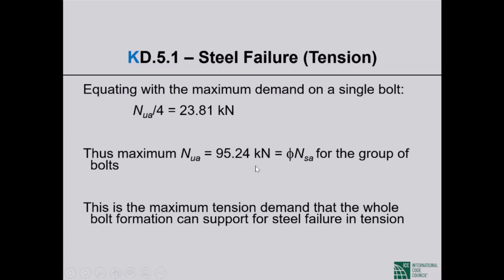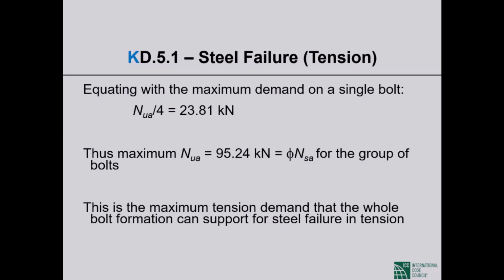Okay, so please follow this closely. This is important. So a single anchor has a design strength of 23.81 kilonewtons. That is the maximum demand that can be put on a single anchor. Now, the anchor in the group that sees the highest tension experiences 1/4 of the tension applied to the group.